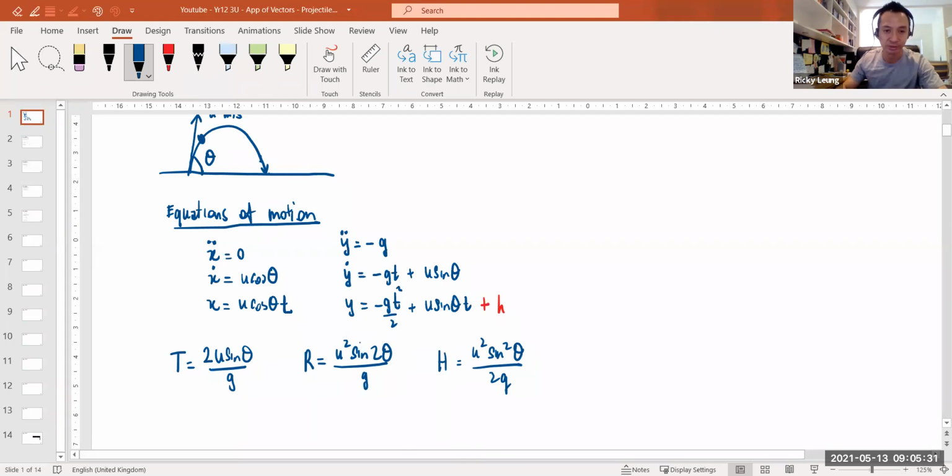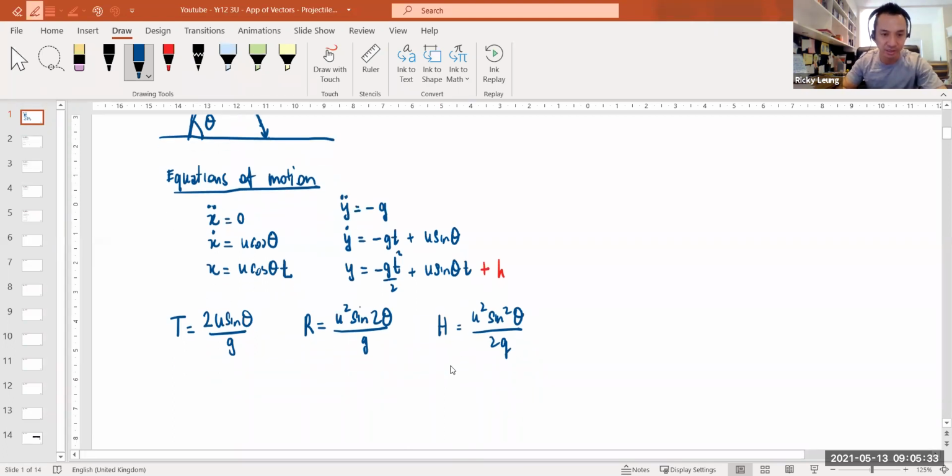And of course, last but not least, you have the Cartesian equation, which basically removes the parameter, converting parametric form into Cartesian. So you get y equals minus gx squared on 2u squared.